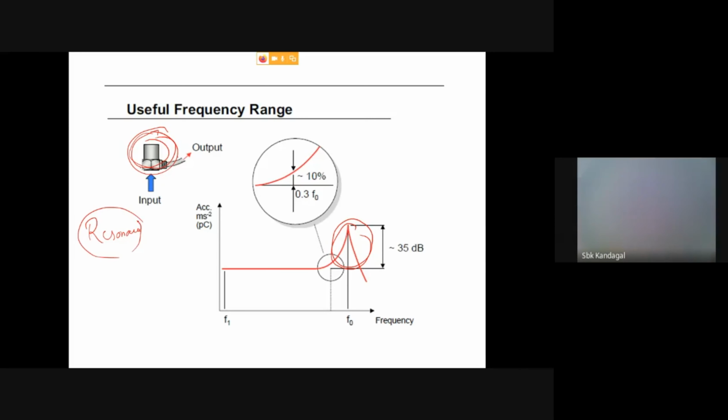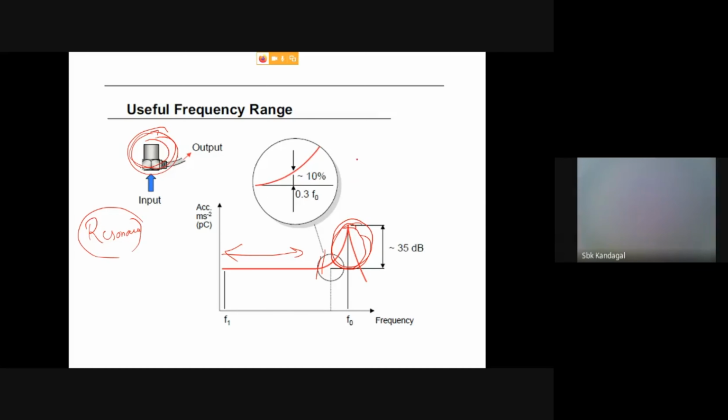That's why, typically, you should use only the useful range. You should not go into this zone. Suppose you are using it on a rotary shaft bearing housing, and by chance the frequency there is around 20 kilohertz, and the accelerometer resonance is also 20 kilohertz.